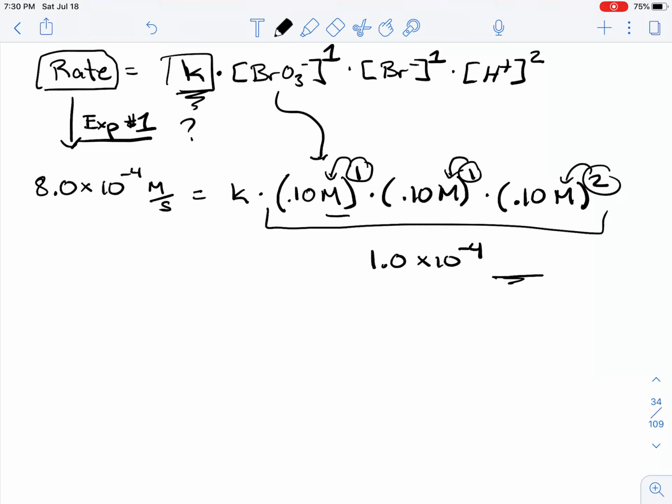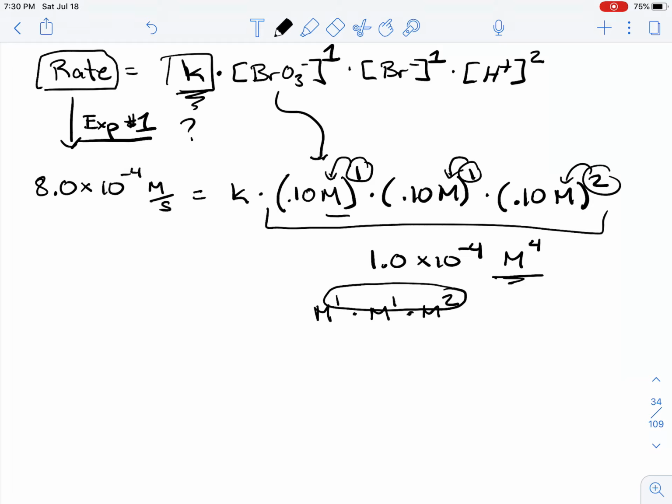What we get is molarity to the first times molarity to the first times molarity to the second. And whenever you multiply with exponents, what you're really doing is adding the exponents. So this is going to be M to the fourth power.